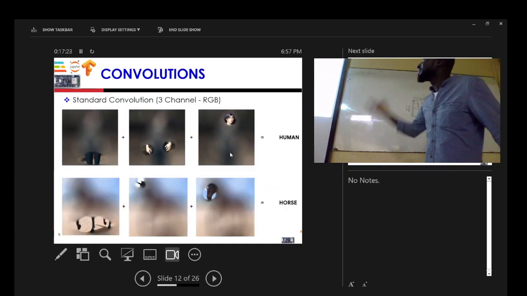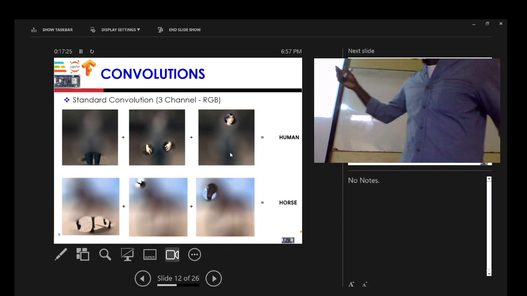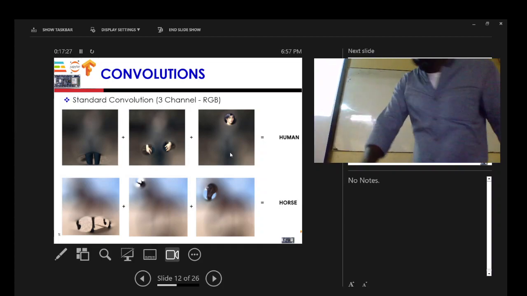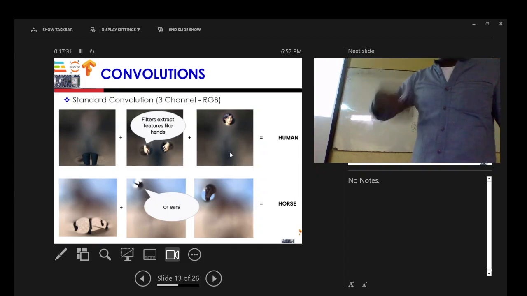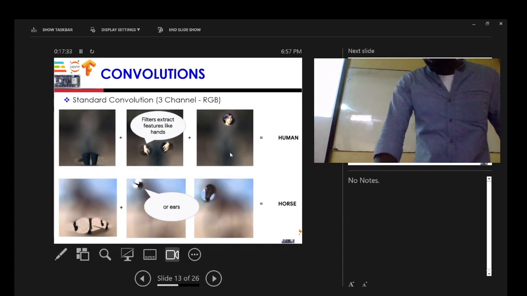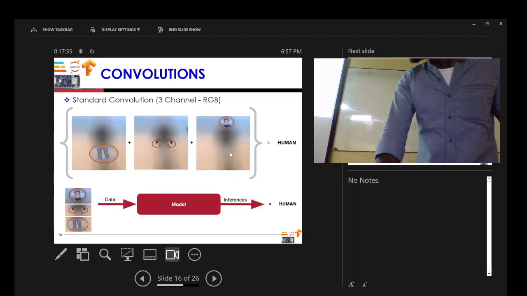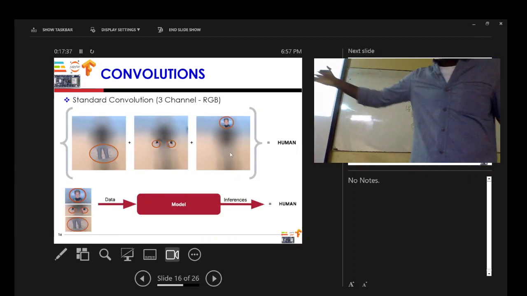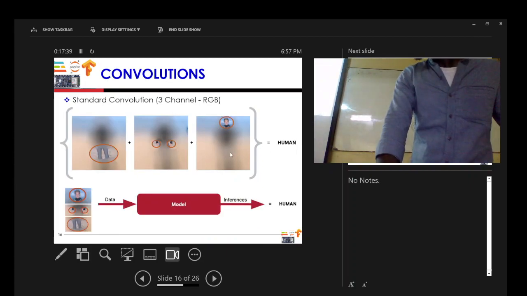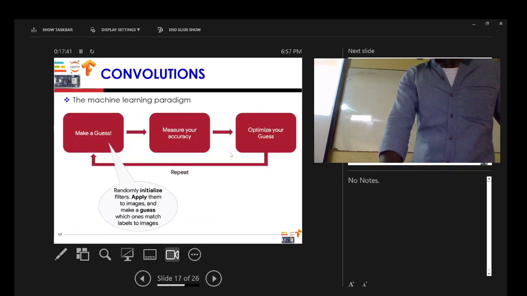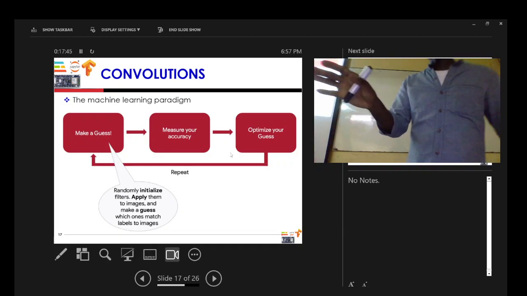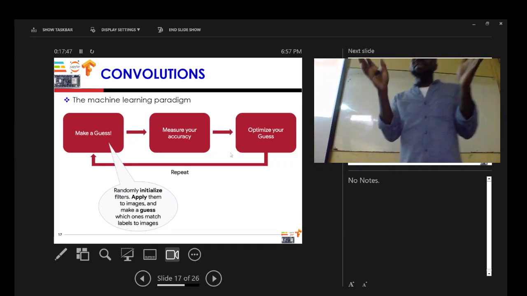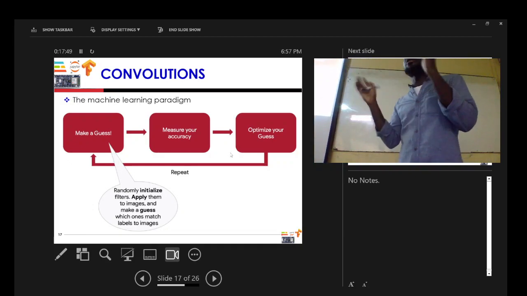So if you take something like this, the human has hands, like I've already explained. All you are doing is using your filters to extract the hands, all of that, and then you feed the network with this filtered image, and then again you make a guess. So now here, instead of learning the weights and biases, you are learning the filters.